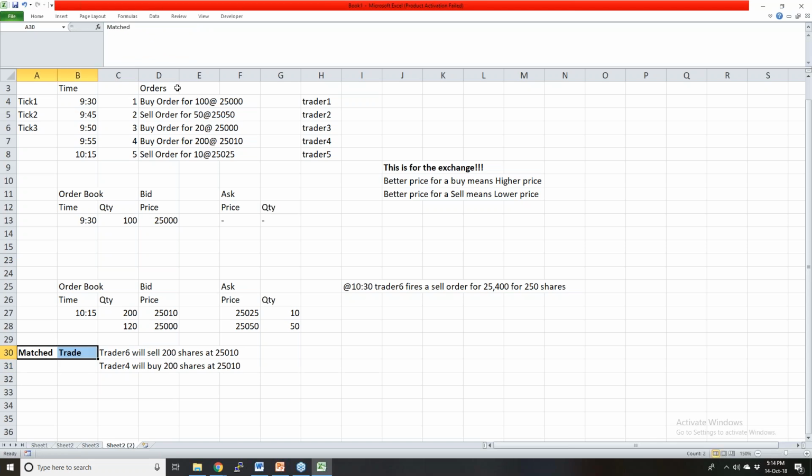This would be the match trade for the first 200 shares. Is this clear?